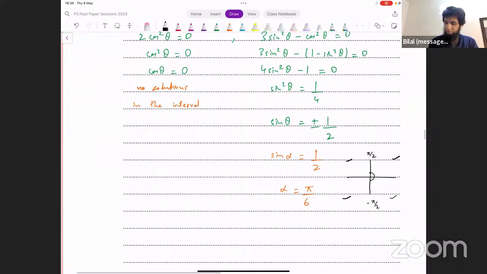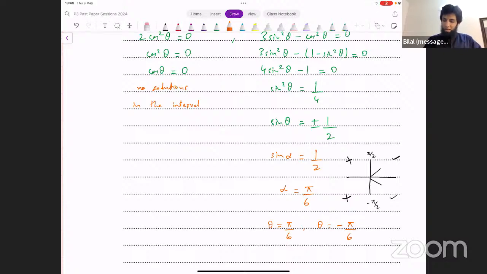This is the interval. So these are not possible. Then you can either have a value in the first quadrant or in this quadrant. That means theta can either be pi over 6 or it can be minus pi over 6. These are two possible values of theta that we are getting.